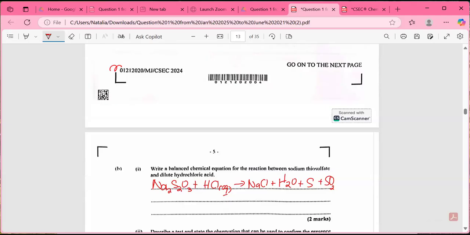When putting the state symbols, although it never asks that, sulfur is a solid, water is a liquid, sodium chloride is aqueous, sodium thiosulfate is aqueous.